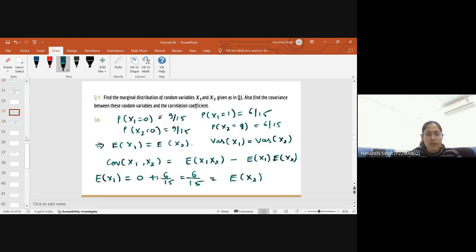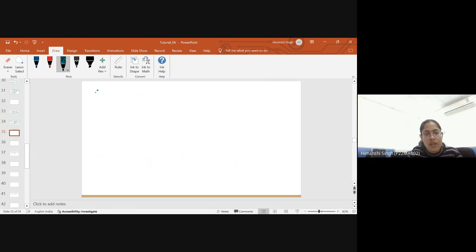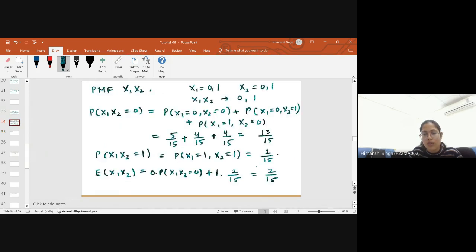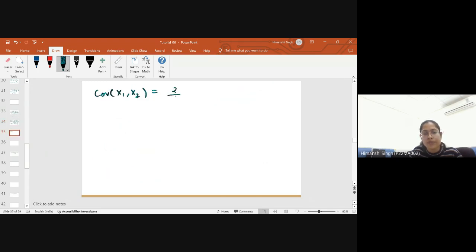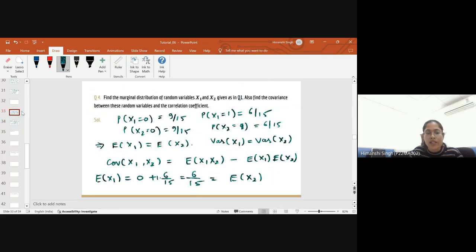Now we need to find the covariance of x1 and x2. The covariance between x1 and x2 will be the expected value of x1 x2, which is 2 by 15, minus the expected value of x1 into the expected value of x2.